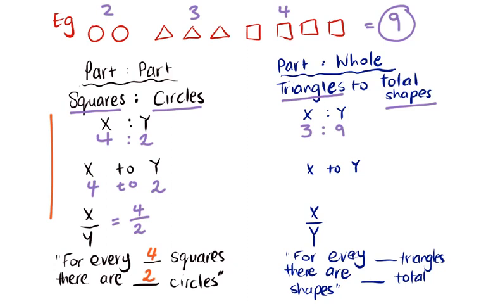So 3 triangles to 9 shapes altogether. The other way we can write it is 3, the word "to", and the number 9. And lastly, we have 3 over 9. And all of these 3 different ways basically describe that for every 3 triangles there are a total of 9 shapes together.